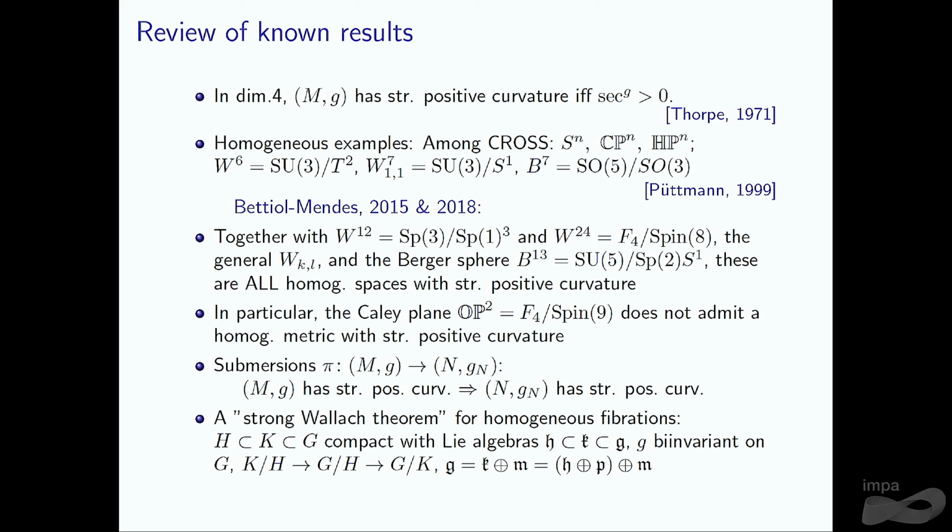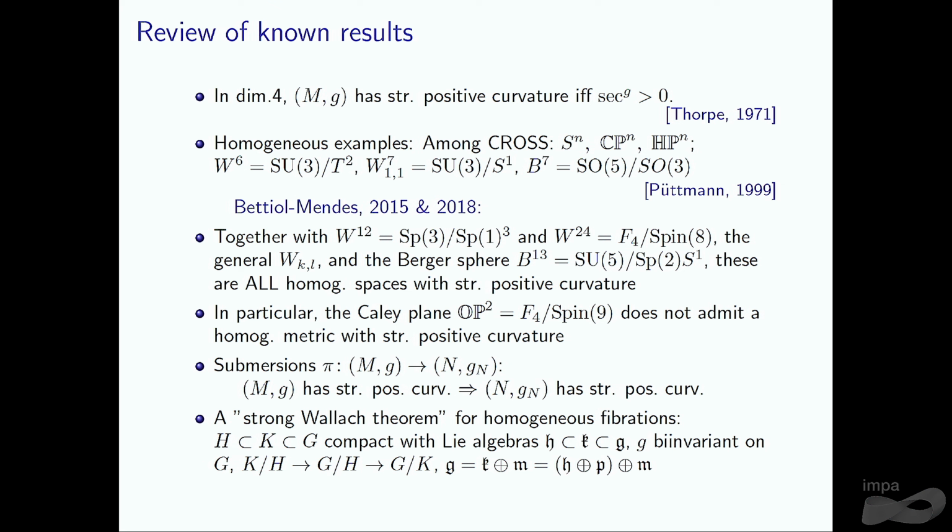They prove that strongly positive curvature behaves very nicely under submersions. So if my large space has strongly positive curvature, then the small one has strongly positive curvature as well.